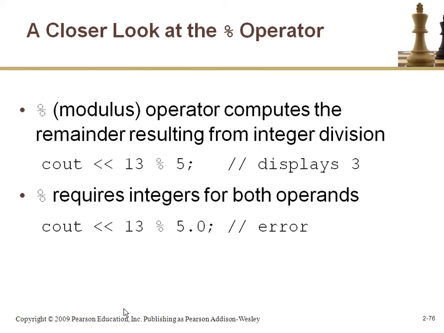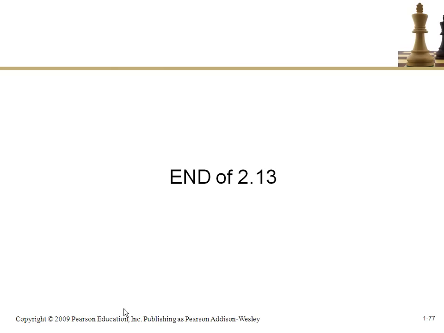You cannot do the last statement in this example that says cout 13 mod 5.0. In the mod operation, both operands must be integers. You cannot have a float. This would be the end of section 2.13.